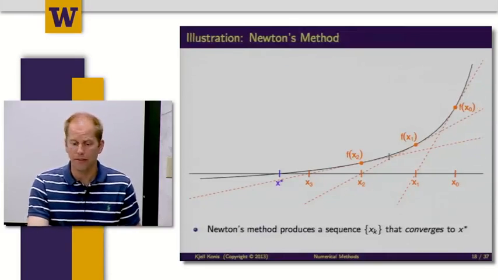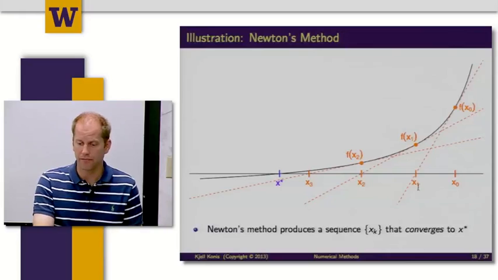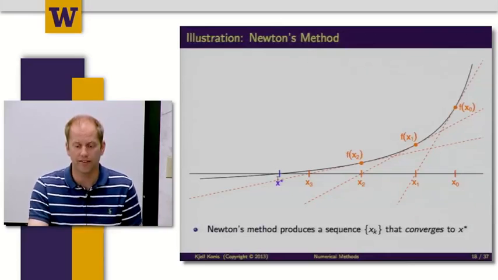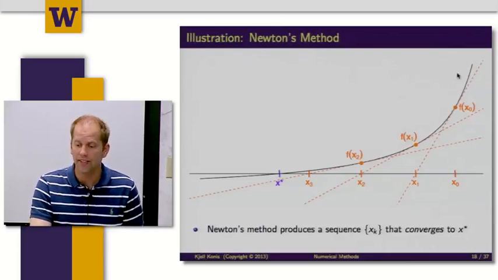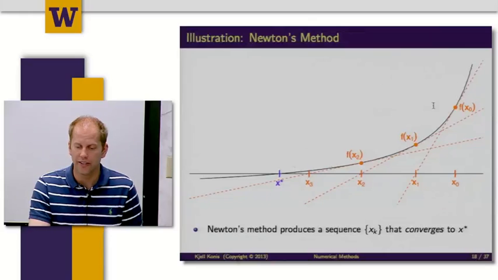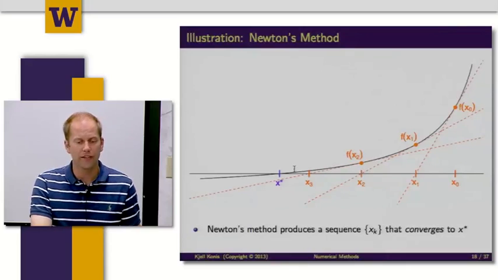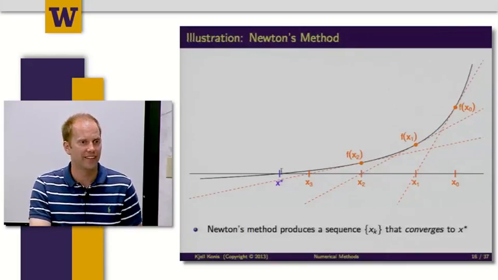And so I'm building up this set of steps that's getting me closer and closer to this point x star. And the nice thing, just because of the way I've drawn this function, is that no matter where I put a point on the right side of x star, this linear approximation is always going to be greater than x star.